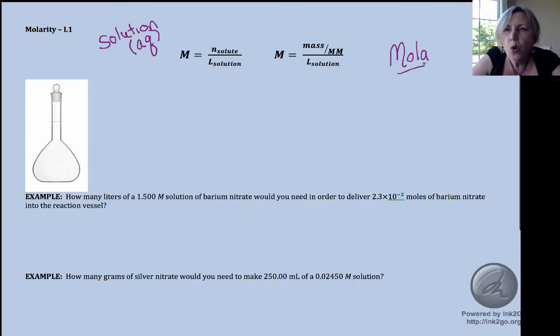So the mole part tells you it has something to do with moles. It is the moles of solute, and this is key, per liter of the whole solution. So that's going to include any changes in volume that the solute brings. It's going to include both the solute and the solvent.